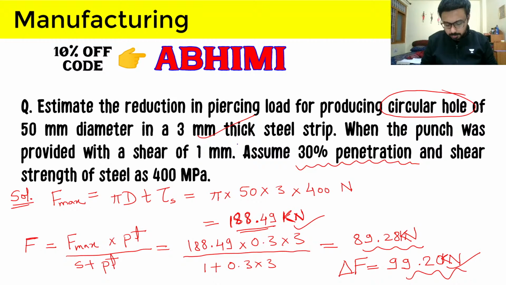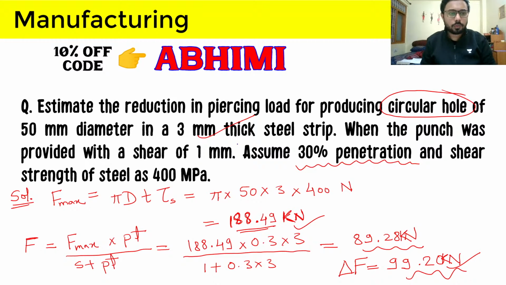We have obtained that the maximum force is reduced by a value of 99.20 kilonewtons, which is just equal to what the shear force is. So it is reduced by half. That is a very good thing to have that force reduced.